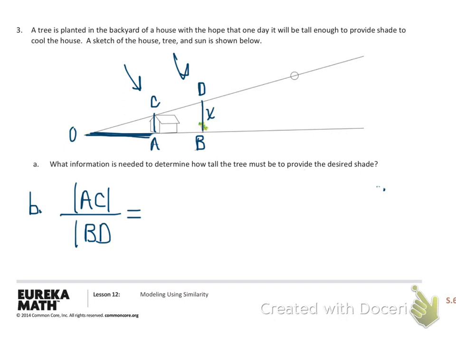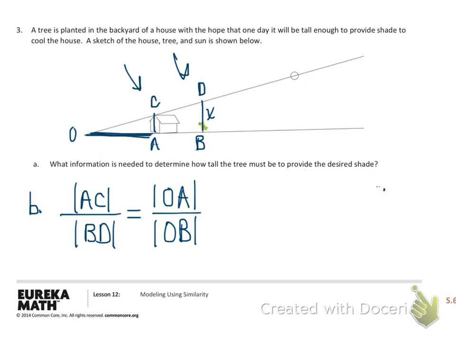So length AC is on my small triangle. So I want to start with length OA and then length OB on that part of the ratio.